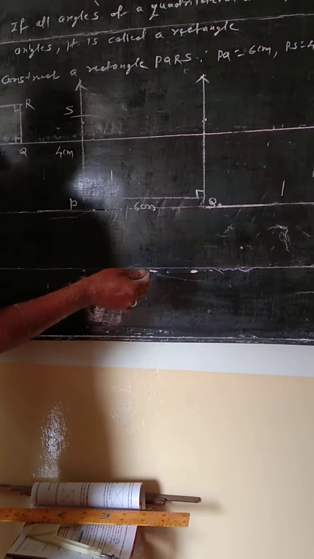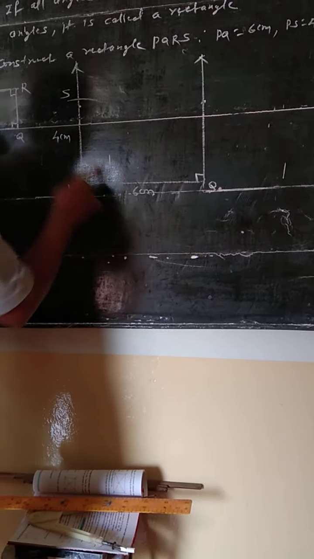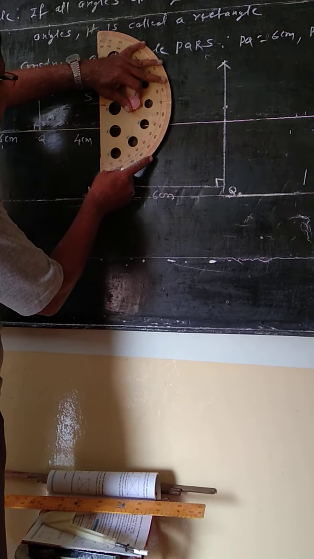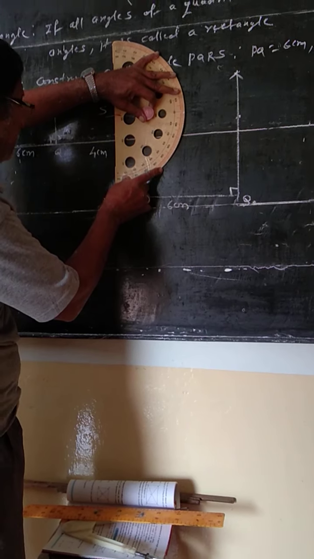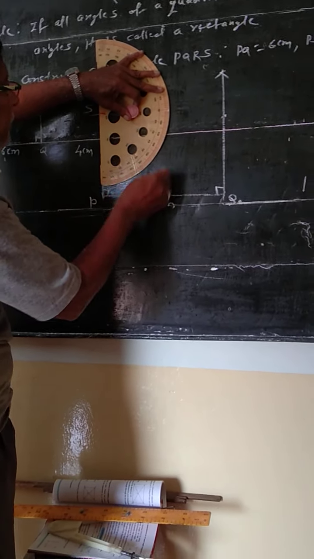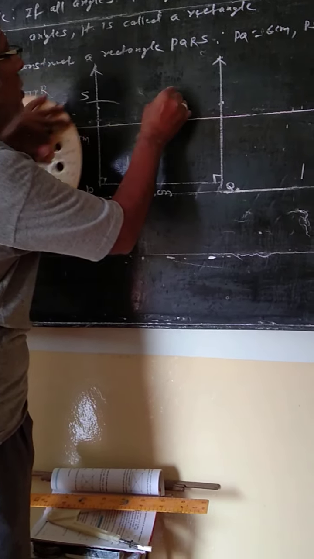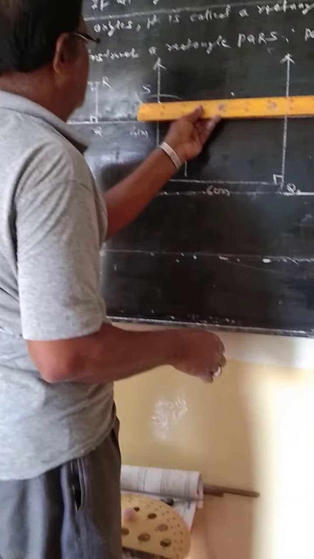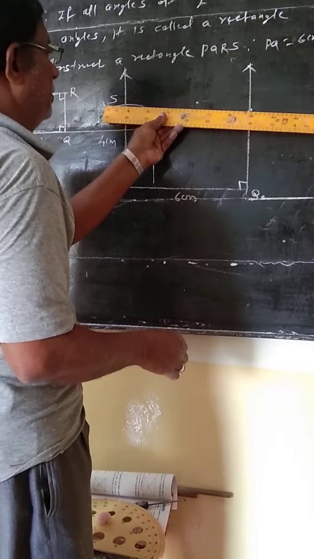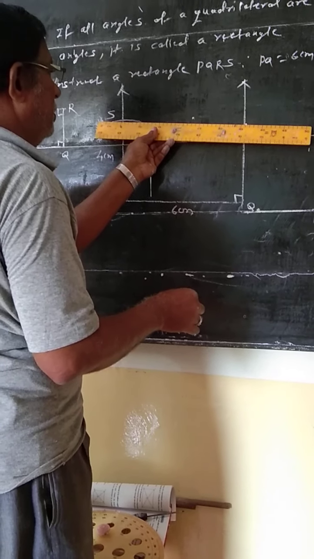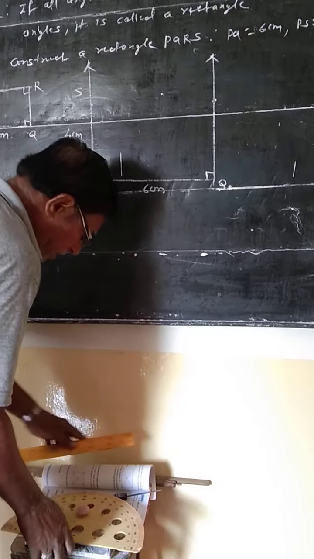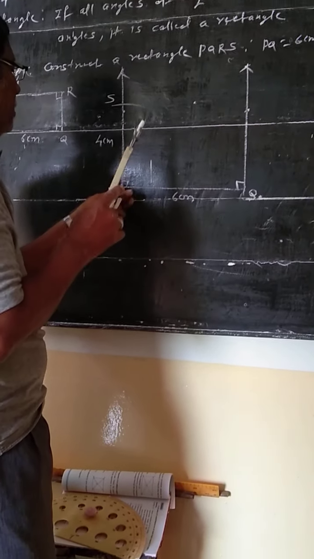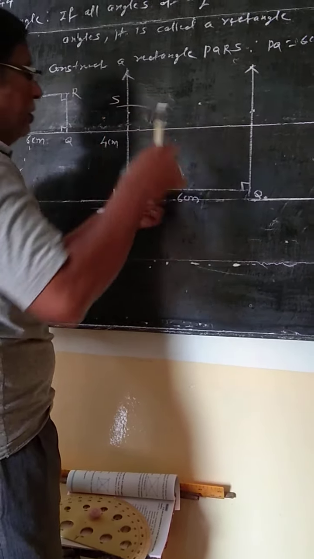Then that quadrilateral is a rectangle. So these 2 adjacent sides, this angle 90, this angle 90. You can take this angle also 90 and draw the ray. Mark this also as 4 cm, since opposite sides are congruent.